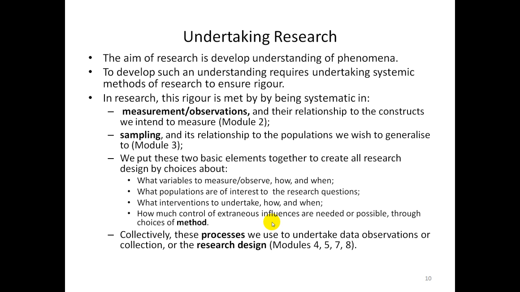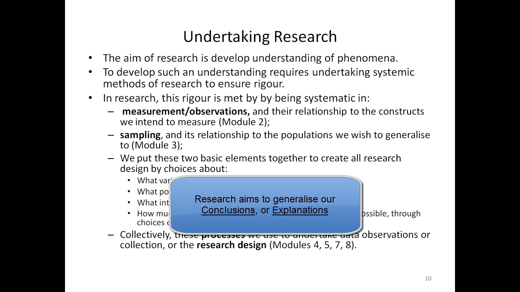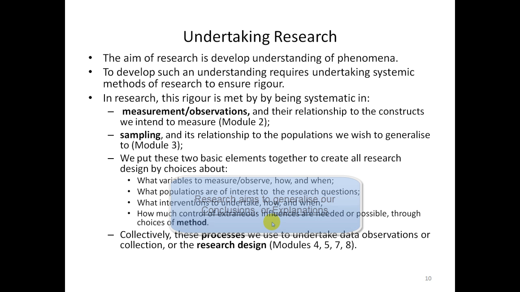In research, this rigor, this ability to generalize our conclusions, is met by being systematic in measurement and observations and their relationship to the constructs we want to measure. And we deal with that issue of measurement in Module 2.